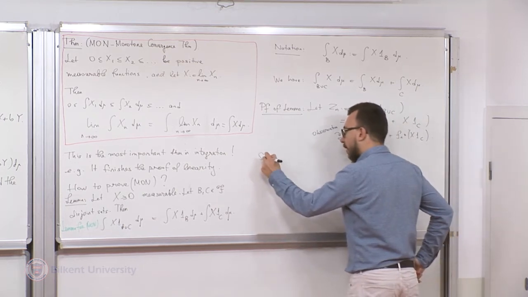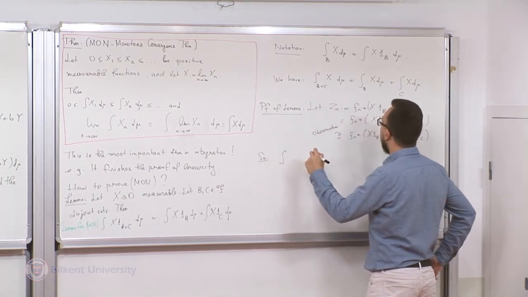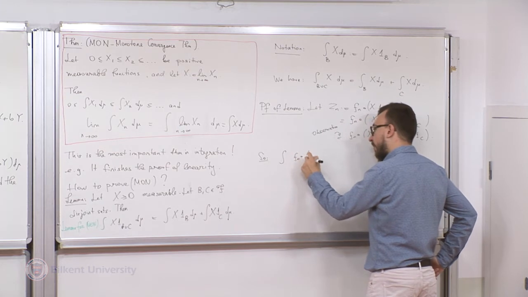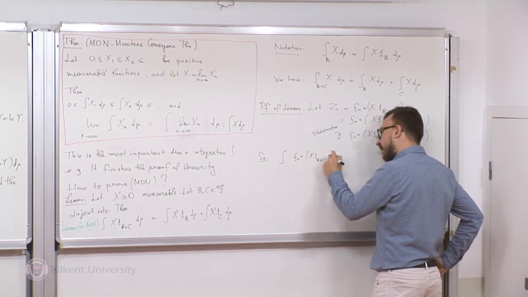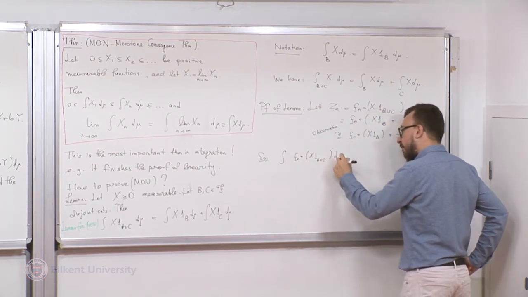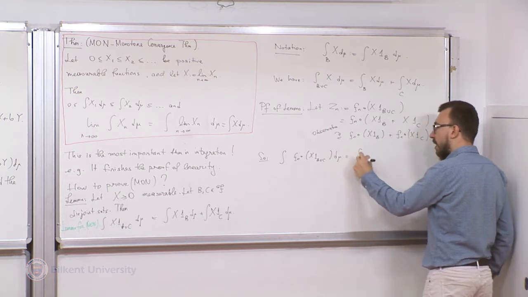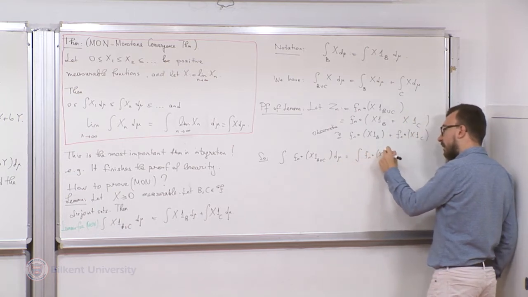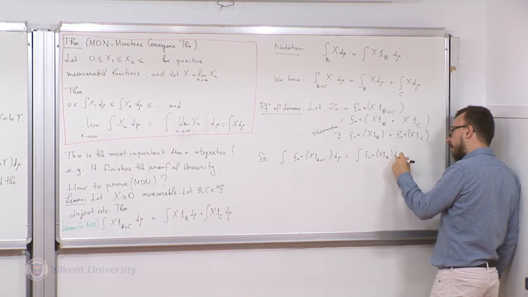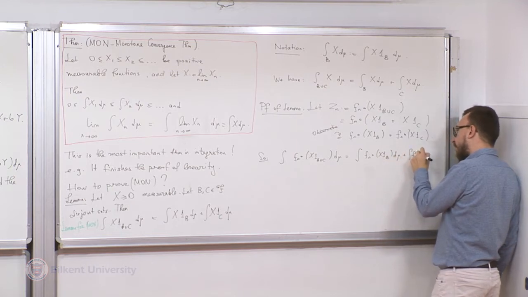Therefore, if we write the integral of Fn of x indicator B union C dμ, this is equal to the integral of Fn of x indicator B dμ plus the integral of Fn of x indicator C dμ.